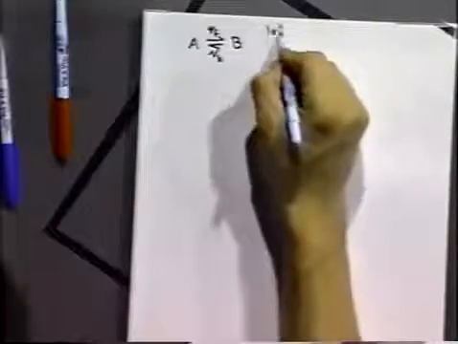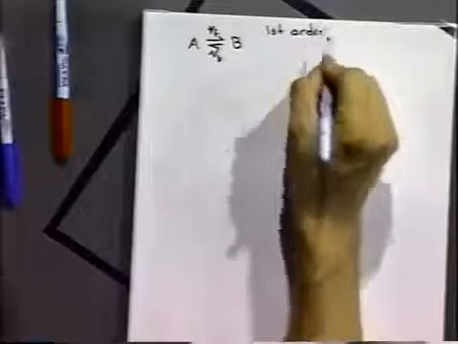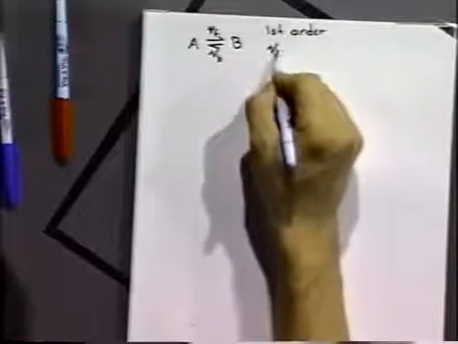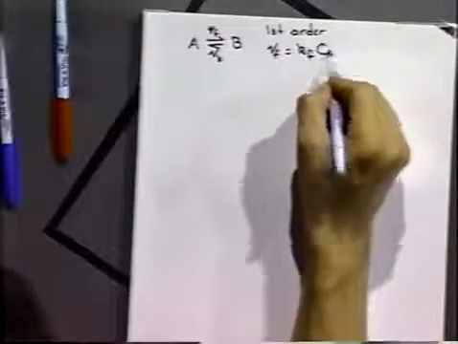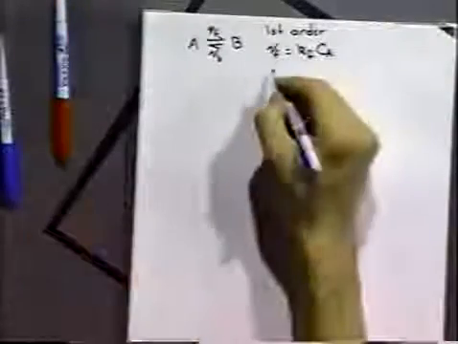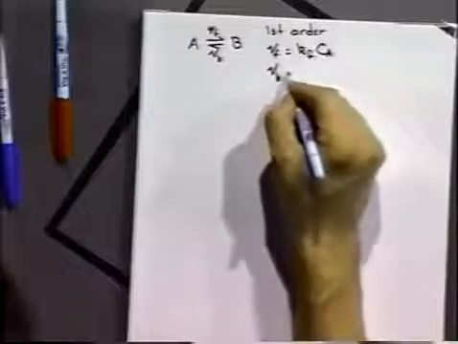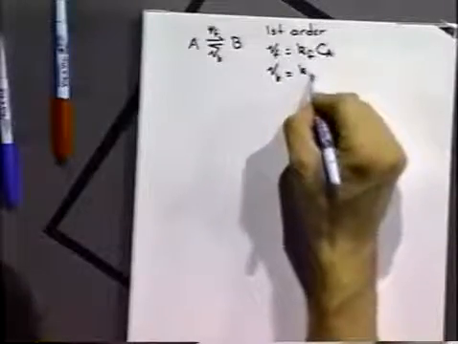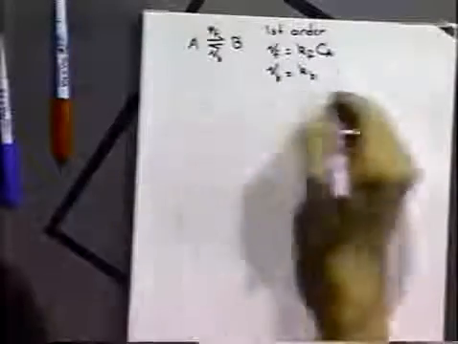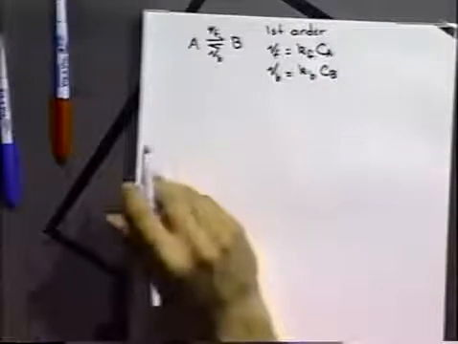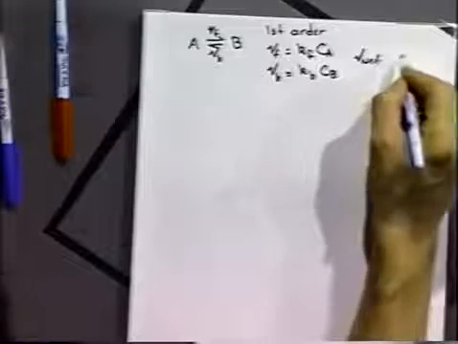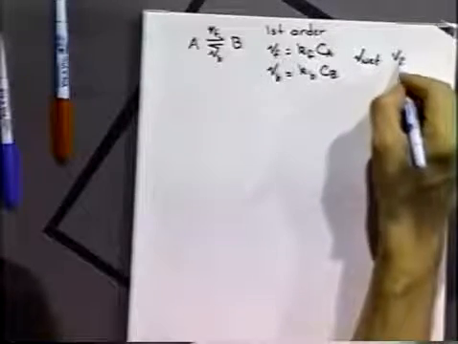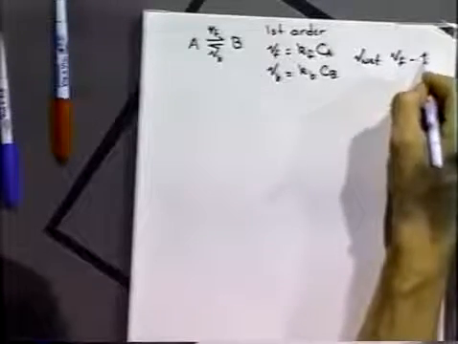And for a first-order process, the forward reaction velocity is going to be equal to a rate constant times the concentration of species A. And the velocity in the reverse direction is going to be the backwards rate constant times the concentration of B. And again, the net, what we actually observe, is equal to VF minus VB.